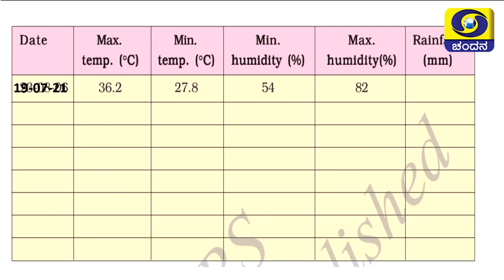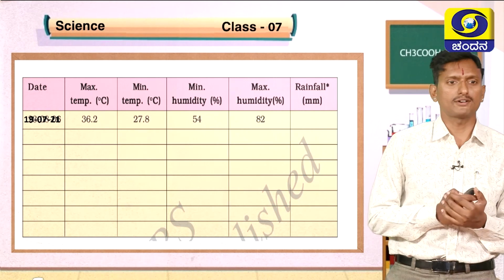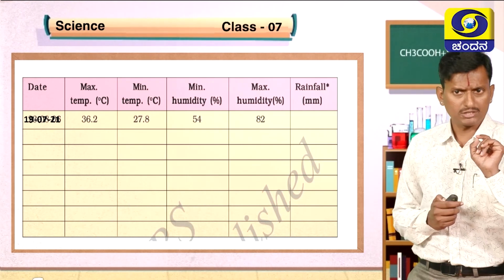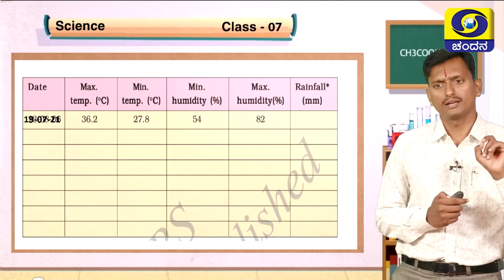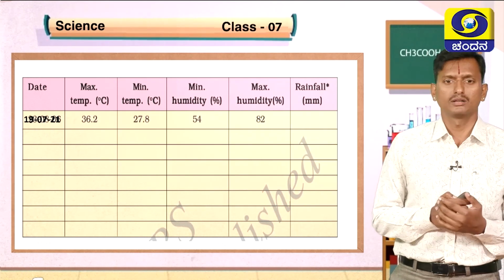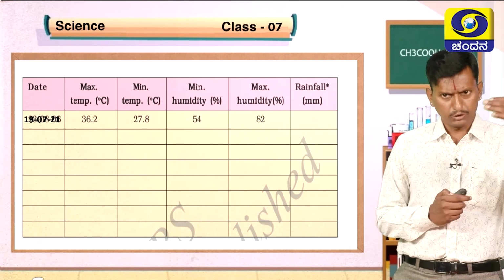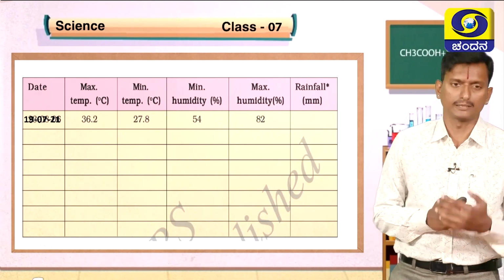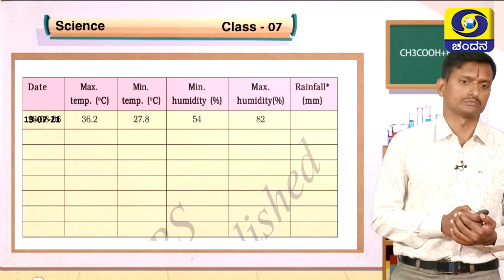Date, maximum temperature, minimum temperature, minimum humidity, maximum humidity, and rainfall. For example, in 2021, the maximum temperature will be 36.2, minimum will be 27.8, humidity 54 and 82. No rainfall. Likewise, put a date and go on entering the data you collect in this table. This is an activity for you. Okay.